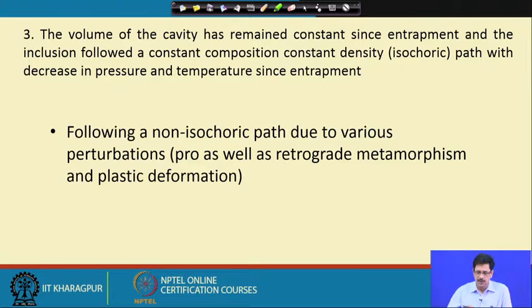And there are situations in which the fluid inclusions after their entrapment would have traversed a path deviating from their isochoric path, and we will see under what kind of conditions it might happen. There must be some kind of perturbation, either thermal or load, the temperature and pressure conditions which could have fluctuated or become different from what could have been a path of constant composition, constant density.